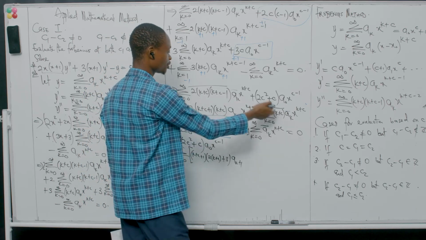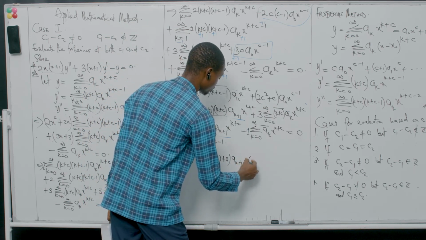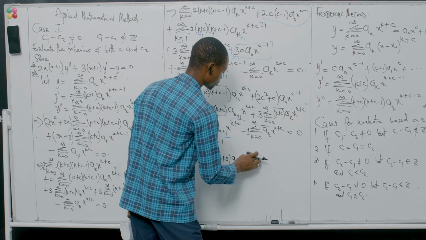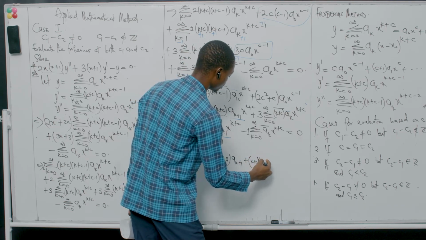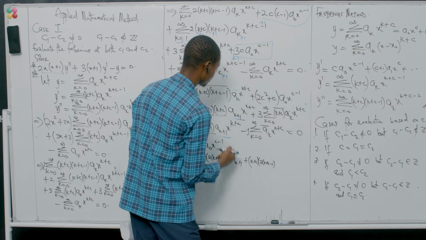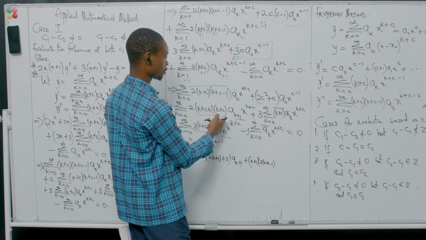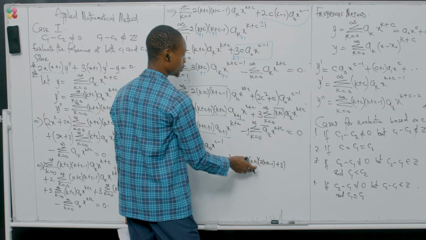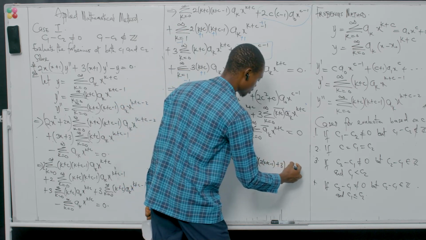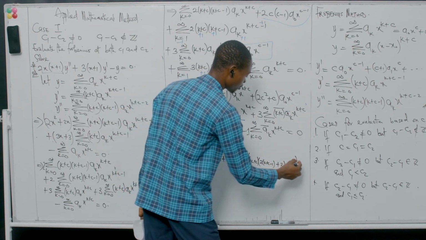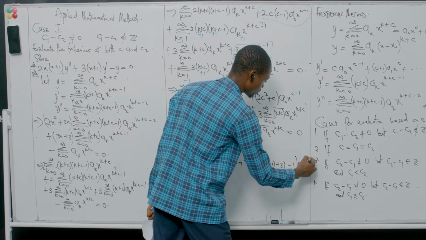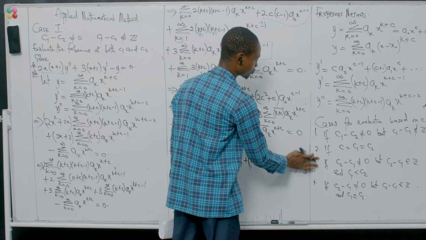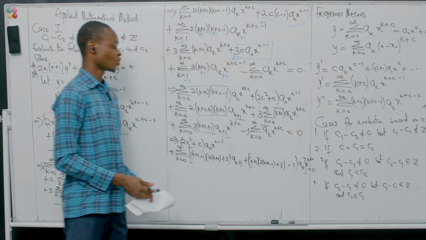So let's see. k plus c is common in these two, plus k plus c into 2k plus c minus 1, and then this one plus 3, this is the first part, and then minus 1. All of this multiplied by a_k, and all of this multiplied by x raised to power k plus c, and all of this is equal to 0. So this is where we are at.